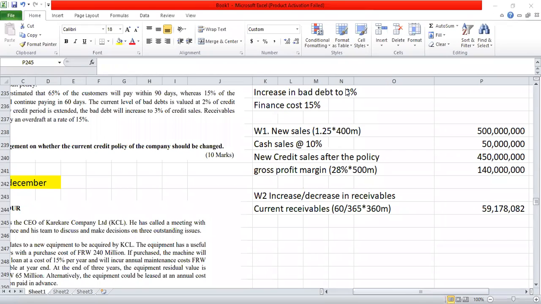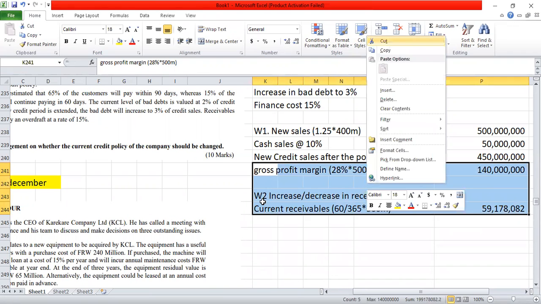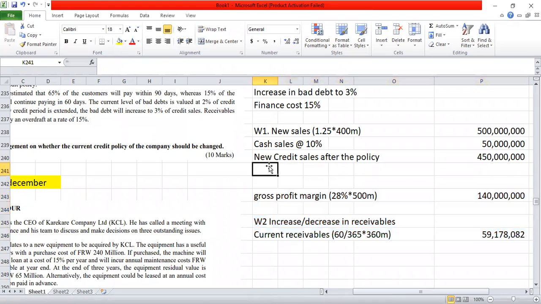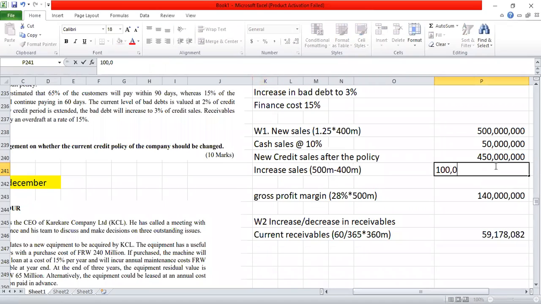Yes, on the increase in sales: 500 million minus 400 million gives 100 million. So our gross profit margin will be on 100 million.